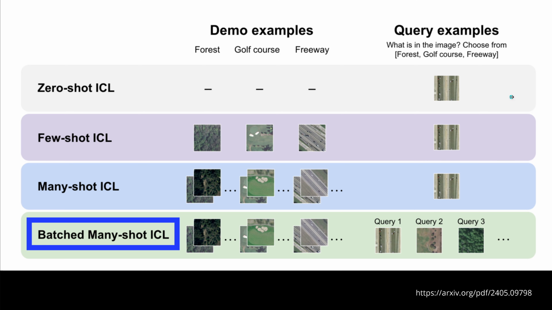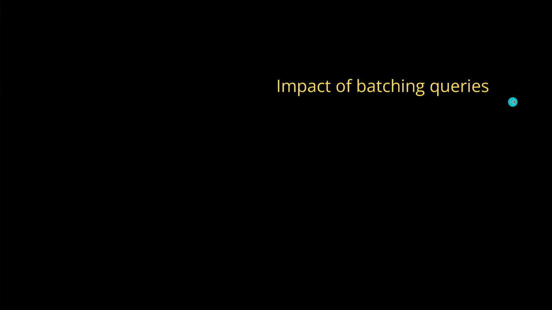Is it possible to do this? Or is it just that the first one is right and the rest is all nothing? Or does it go down linearly the more queries we have? Or is it not happening at all? Does it stay constant? Does it even increase the quality the more queries we have? This was an interesting question, and Stanford looked at this and found an answer. So, the impact of batching queries together.